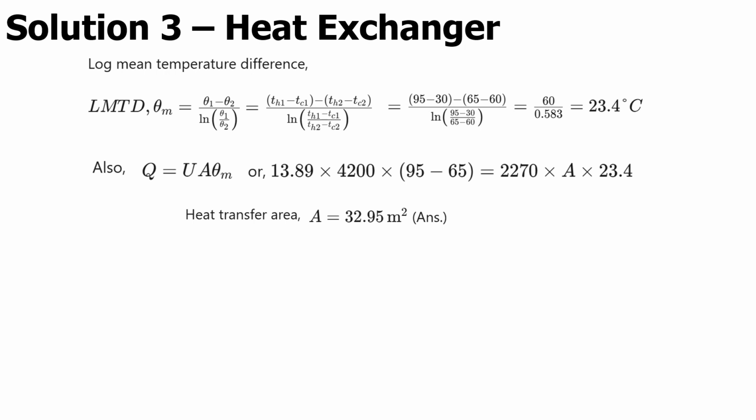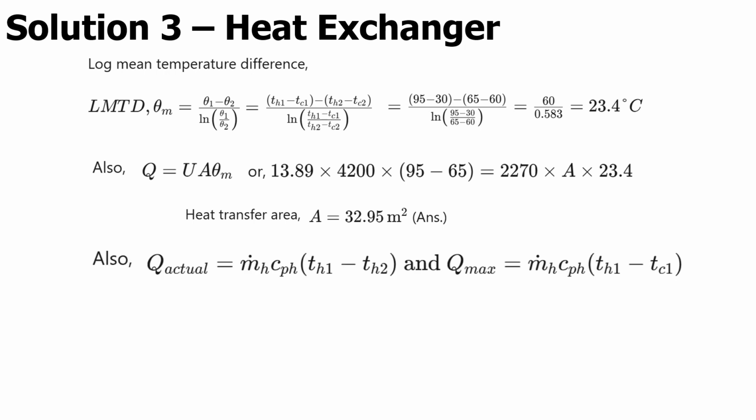Finally, let's calculate the effectiveness of the heat exchanger, denoted by epsilon. Now, effectiveness is defined as the actual heat transfer rate divided by the maximum possible heat transfer rate, so Qmax.